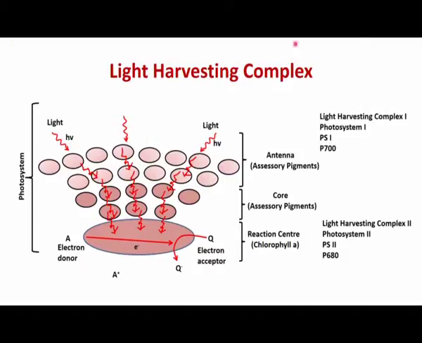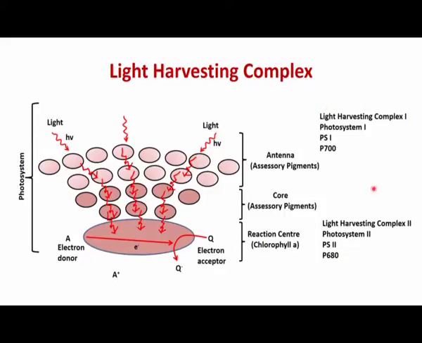Similarly, the light harvesting complex 2 contains photosystem 2, or photosystem P680. It contains chlorophyll A with the reaction center P680, and light harvesting complex 2 is present in the grana, whereas light harvesting complex 1 is present in the thylakoid membrane close to the stroma.